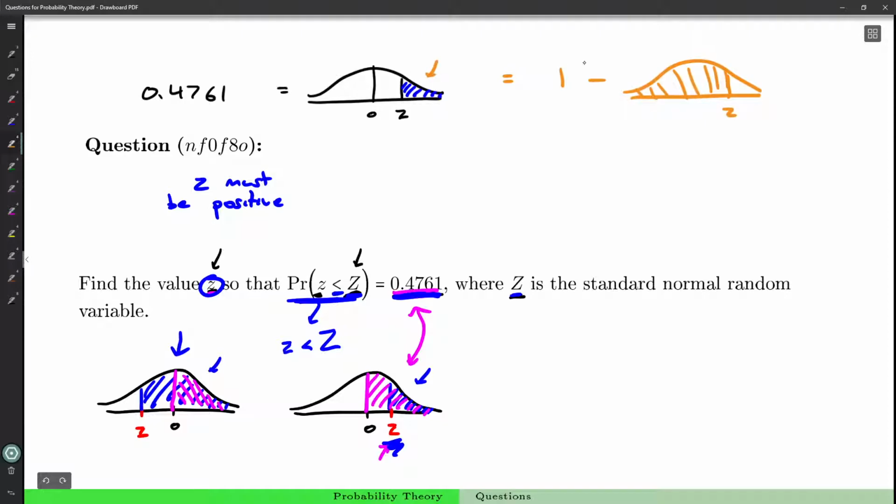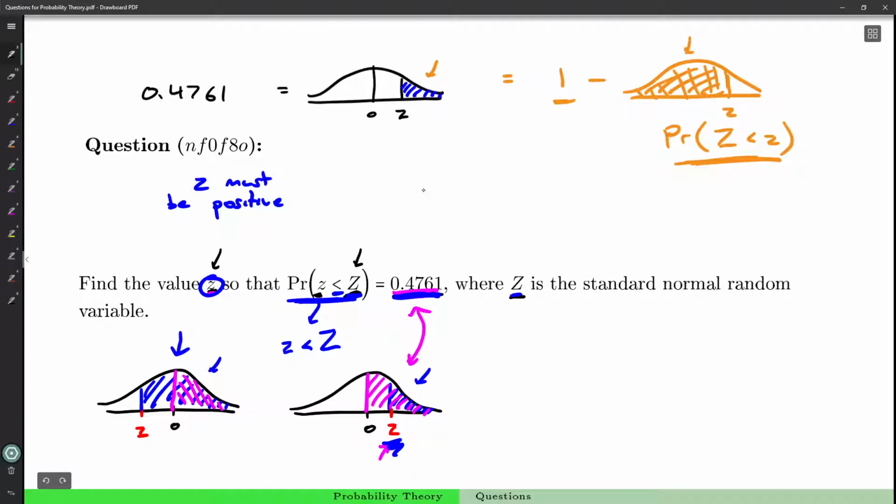This little portion plus this greater orange portion should add up to 1. So 0.4761 is 1 minus the probability that capital Z is less than the little z we're looking for. But little z is positive, so this is the probability that we could look up in the table.